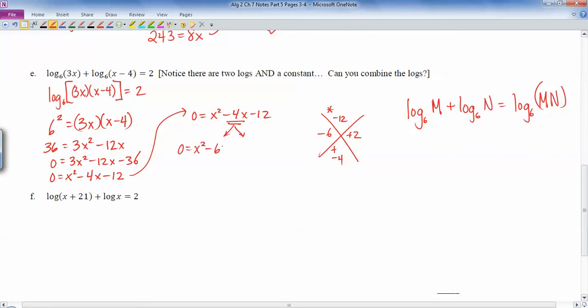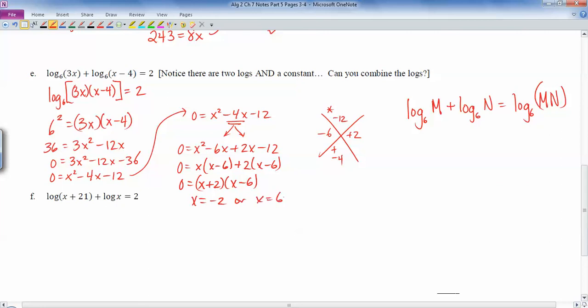So x squared minus 6x plus 2x minus 12. And then factor out an x from the first two, and we get x minus 6. Factor out a 2 from the second terms, get x minus 6. So 0 equals x plus 2 times x minus 6. So we get 2 answers. x is negative 2 or x is 6.